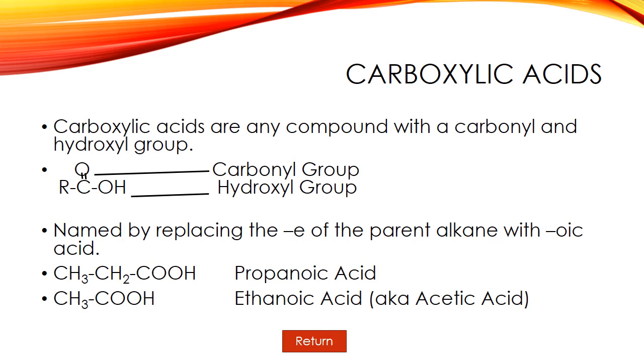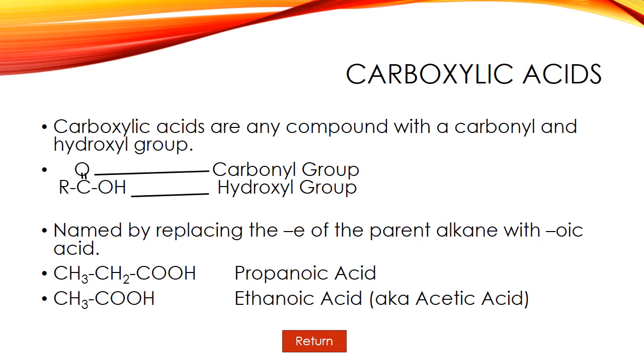There's actually a resonance that occurs where that hydrogen is sort of shared by both of those oxygens, and it basically creates a situation where that hydrogen is very easy to release. It's very reactive, making it acidic. But that is a carboxylic acid, and it can be written as COOH.